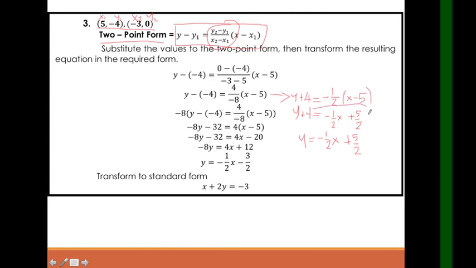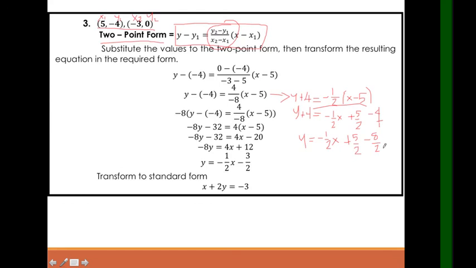Kung ililipat ko siya, magiging negative 4 siya. And since hindi sila pareho ng denominator, we will multiply 4 by 2. So we have negative 8 over 2. Bakit 8 over 2? Kasi, di ba yung 4 meron siyang denominator na 1. Kung multiply ko ng 2 si 4, multiply ko rin ng 2 si 1. Okay? So, para maging pareho ang kanilang denominator.